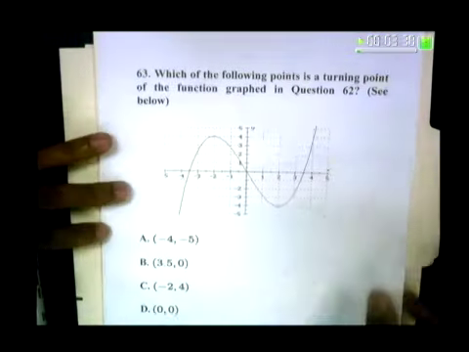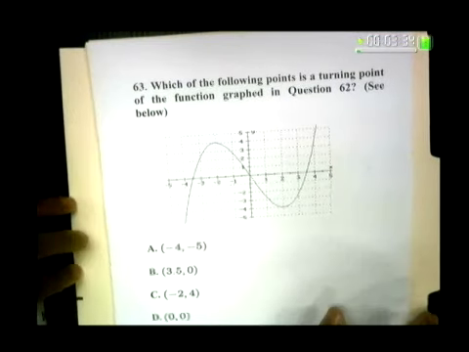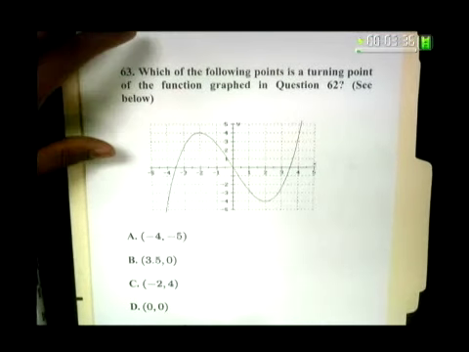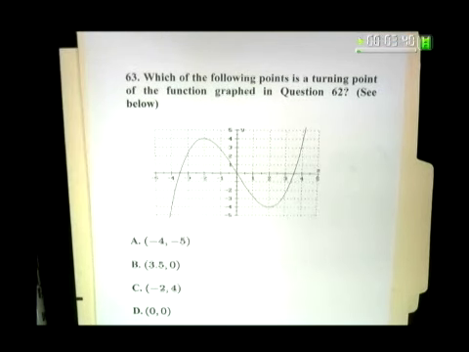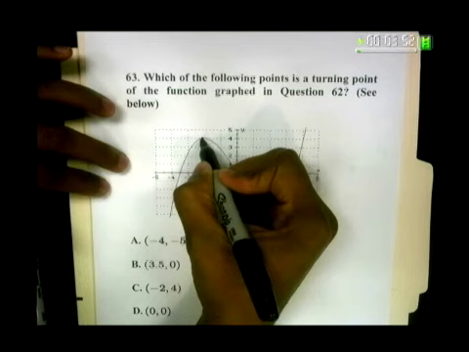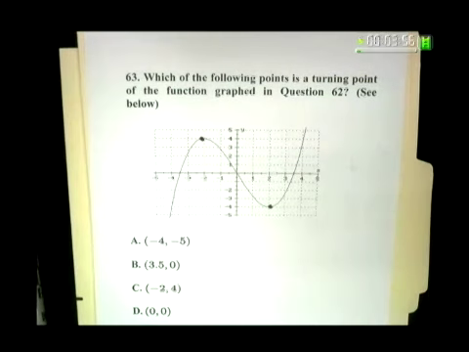All right, number 63. Which of the following points is a turning point? Remember, turning points are the points where the graph changes from either increasing to decreasing or decreasing to increasing.